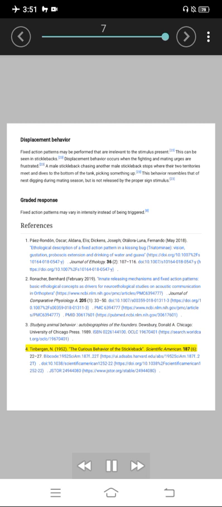Tinbergen, End 1952. The Curious Behavior of the Stickleback. Scientific American, 187, 622-27. Bibcode, 1952 SciAm.187F, 22T2T. doi, 10.1038, Scientific American 1252-22, 252-22. JSTOR 24944080.